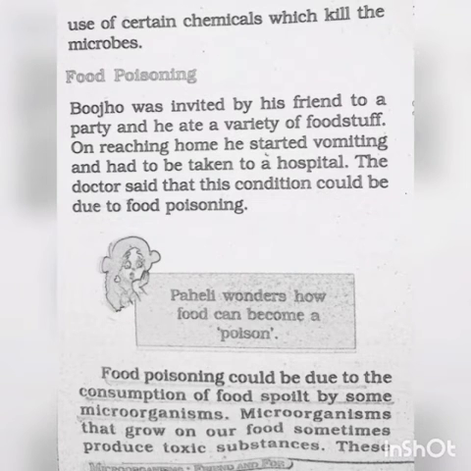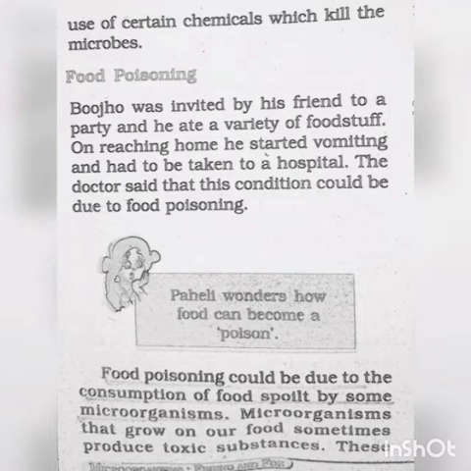Food poisoning. Pujo was invited by his friend to a party and he ate a variety of foodstuff. On reaching home, he started vomiting and had to be taken to a hospital. The doctor said that this condition could be due to food poisoning. Food poisoning could be due to the consumption of food spoiled by some microorganisms.